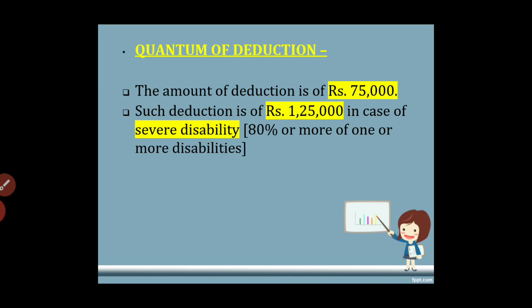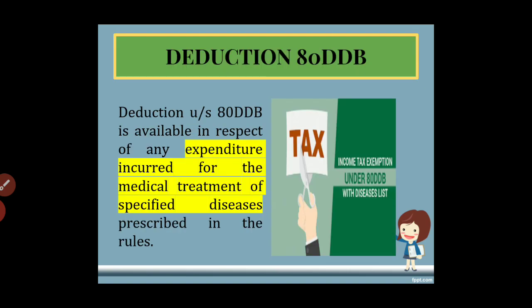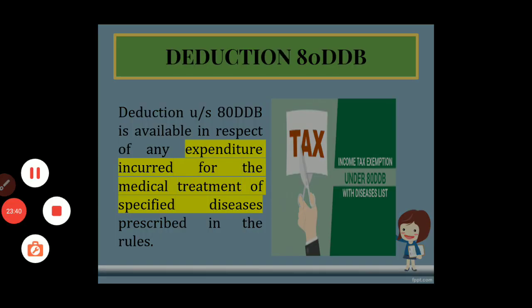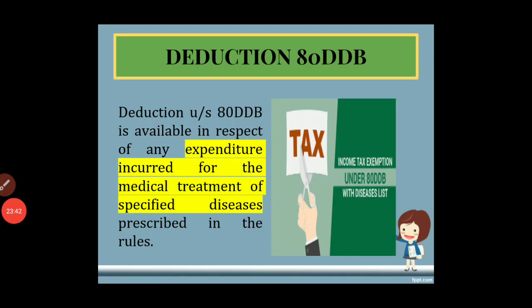Now the next is deduction under section 80DDB. Now what you will learn first, કે આ deduction શેના માટે છે? Here you can read, deduction under section 80DDB is available in respect of any expenditure incurred for the medical treatment of a specified disease. What do you mean by specified disease?